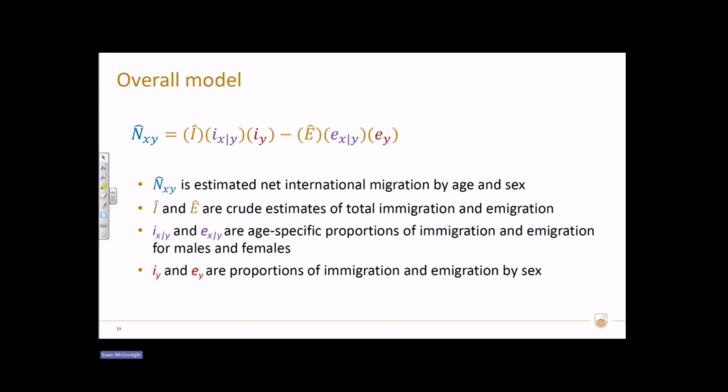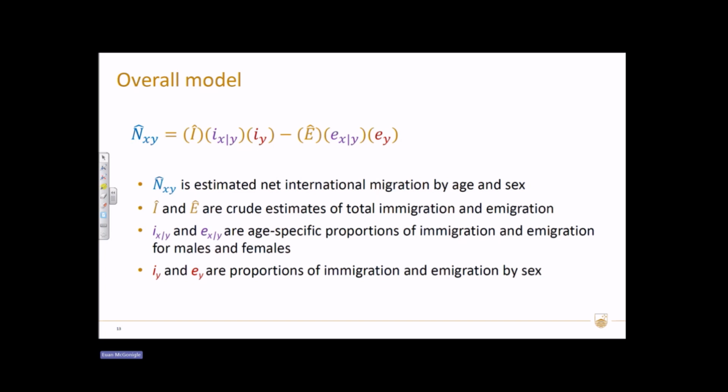And the model I came up with is a simple decomposition, multiplicative model, another thing that I like doing. So what I'm interested in is this n hat xy, which is my net migration by age and sex. And what I'm doing is I'm breaking it up into an inflow and an outflow, or immigration and emigration.